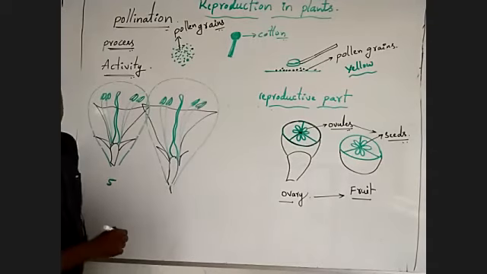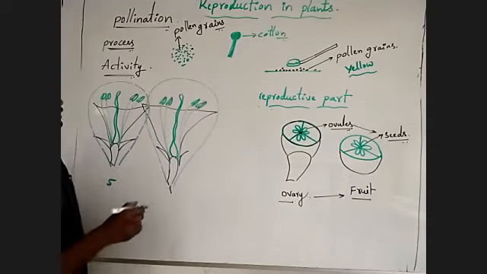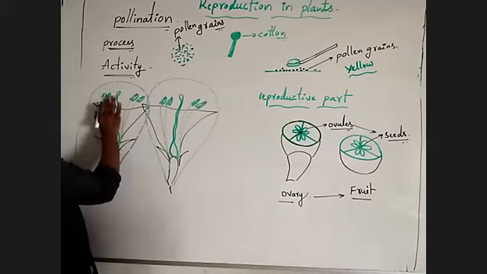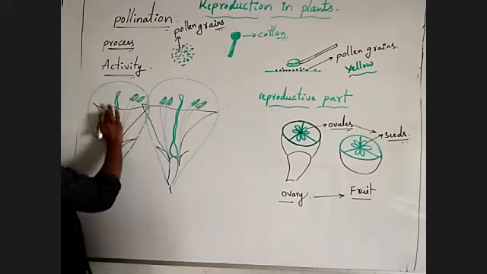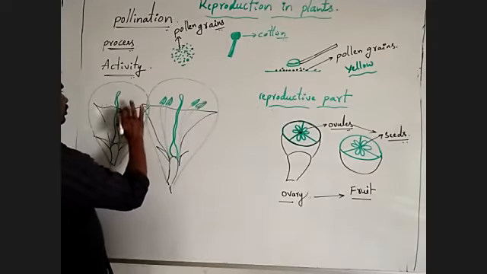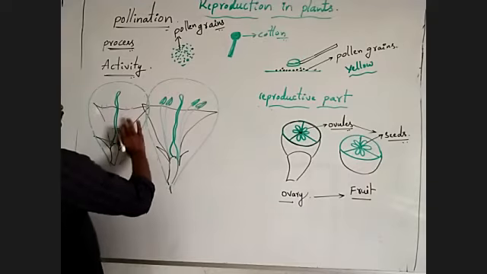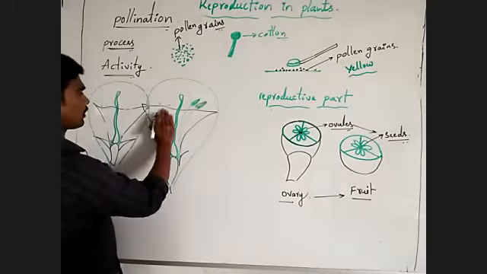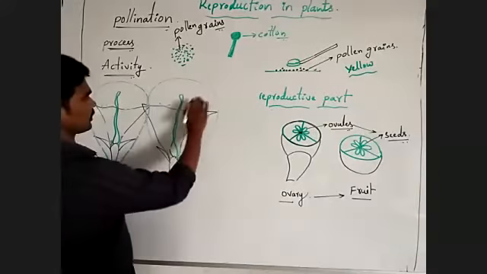Then listen carefully here. Then you have to remove the male reproductive parts from all 10 flowers. This is how to remove the male reproductive parts from 10 flowers.